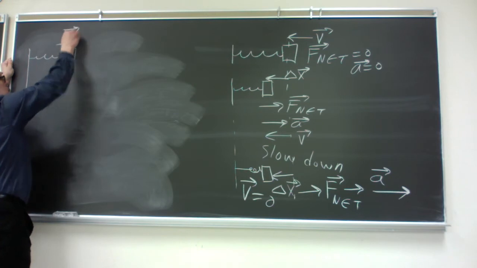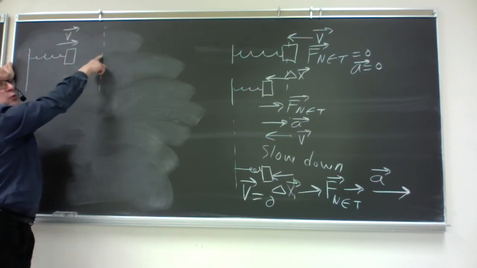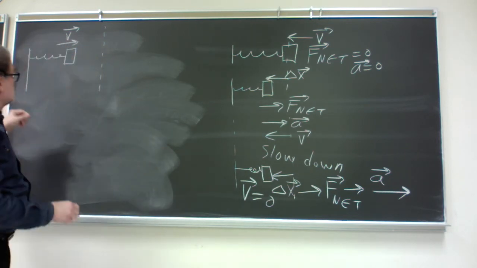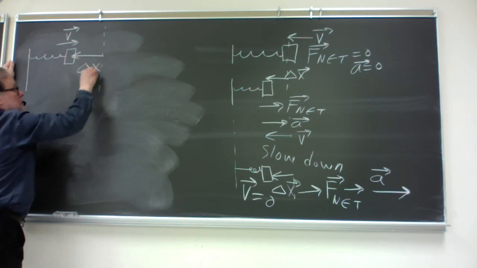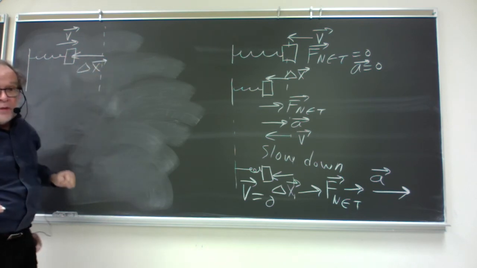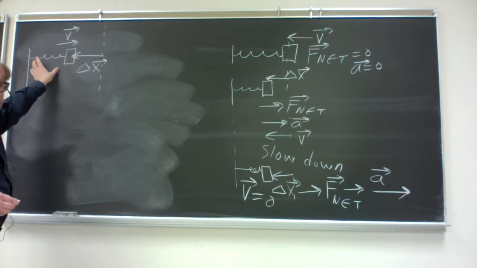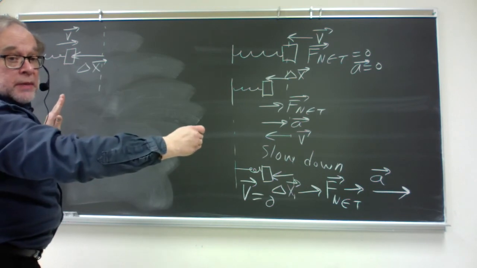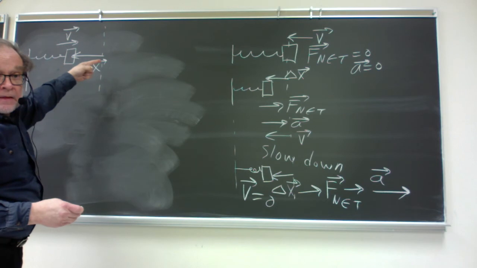Now it has velocity to the right as it approaches the equilibrium position, but it's still displaced away from equilibrium, which means this spring is still squeezed, so it's still trying to stretch back to its original length, so it's still pushing towards the right on the mass.